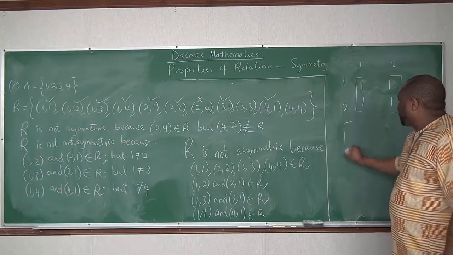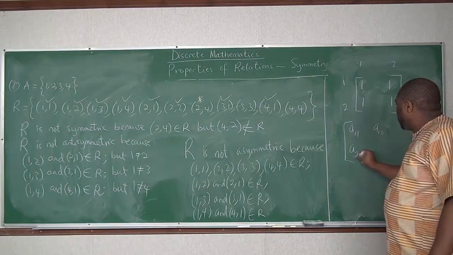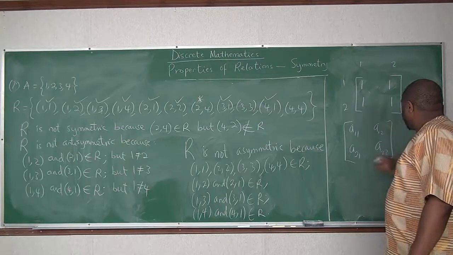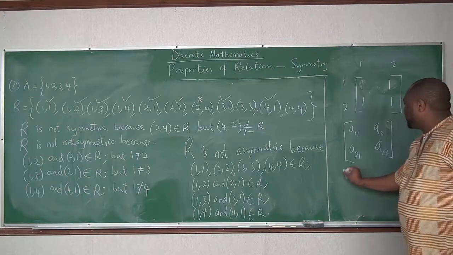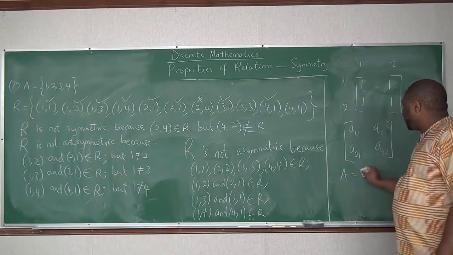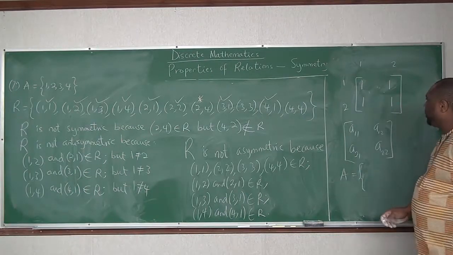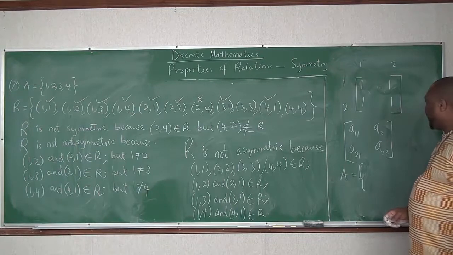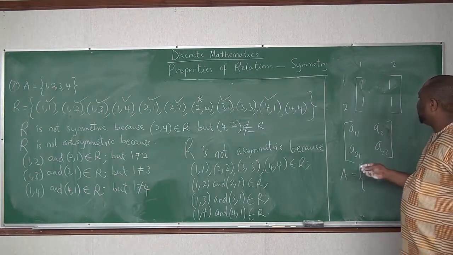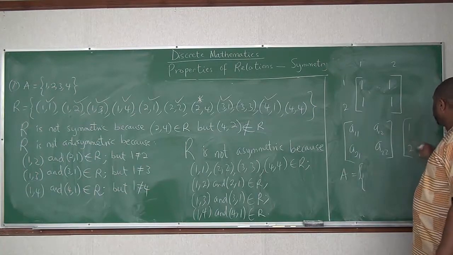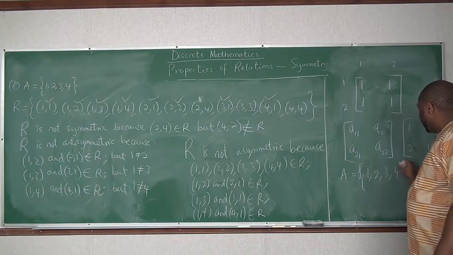Let's look at this in matrices. This is A11, A12, A21, A22. So if you are representing this A as a set, you could have this as 1, 2, 3, 4 as a set.